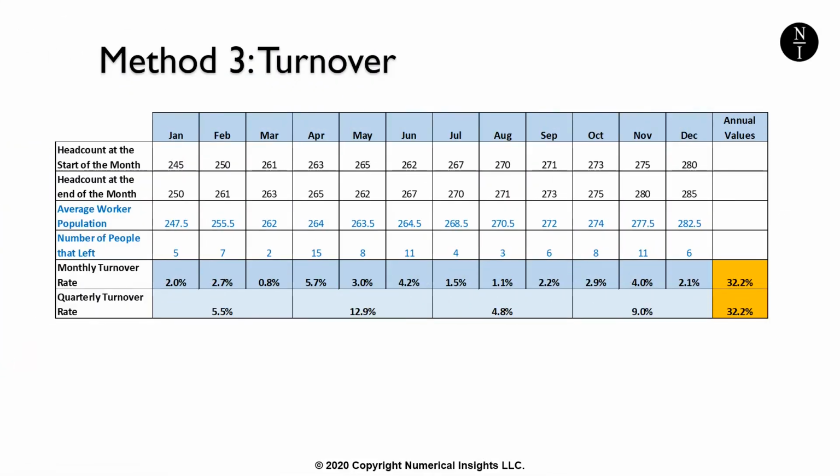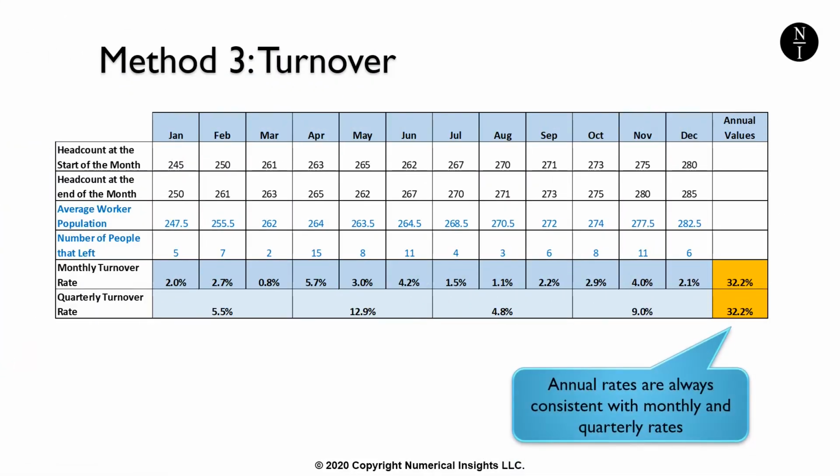It has the added benefit that the turnover values for the year or quarter will always match the sum of the monthly values. In Method 3, we define the sub-time periods, usually months, and use the formula in Method 1. Then, as we move through the primary time period, usually a year, we add the percentages together. This creates a visualization that is mathematically very similar to Method 2 at the conclusion of the year.